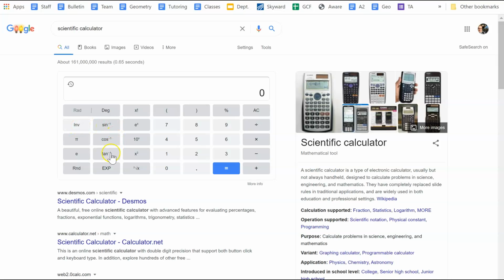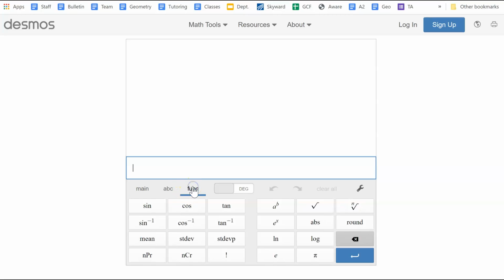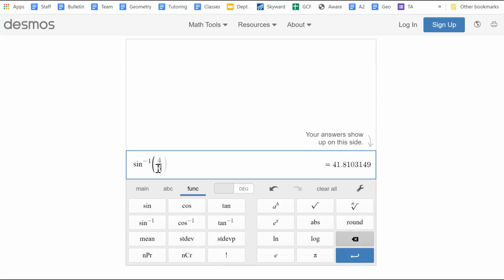INV is going to give you those inverse functions, so you can use that if you want. You can also use Desmos, because notice how when you go to functions, it's going to say sine, cosine, tangent, and then there's your inverse functions as well. So I like Desmos because you can go ahead and type it in just like you see it on the paper. So that'd be 4 divided by 6.